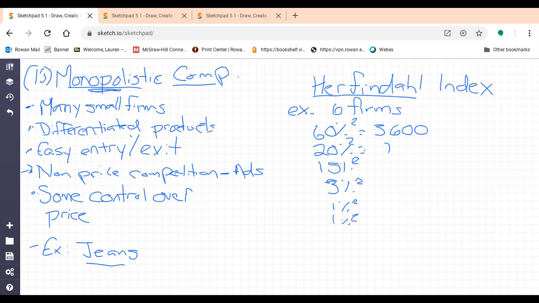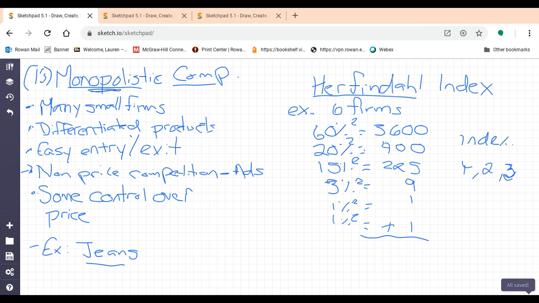Square 20, that's 400. We square 15, that's 225. And 3 squared is 9. And the last two are just 1. Then we add all of these up, and the index you should get is 4,236.